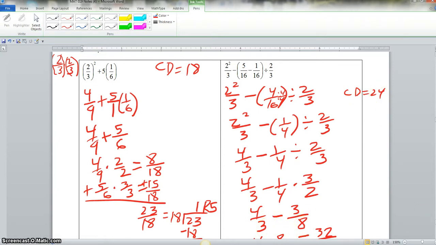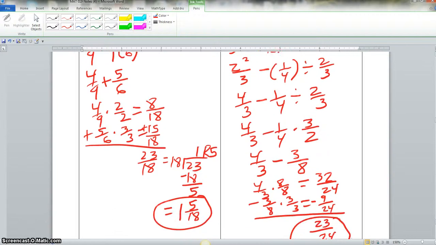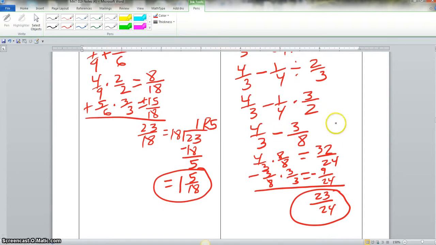And then we set this up vertically. Now we would take the 24, let me write it here. We would take 24 divided by 3, which is 8, and multiply the numerator and denominator by 8. Then we'd take 24 divided by 8, which is 3, multiply the numerator and denominator by 3.